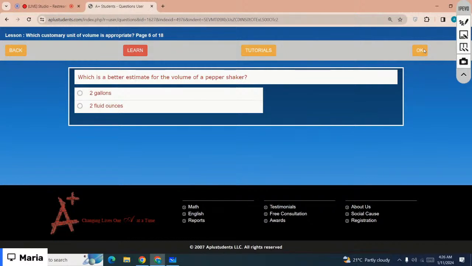Which is a better estimate for the volume of a paper shaker? Which is the correct option? 2 gallons or 2 fluid ounces?